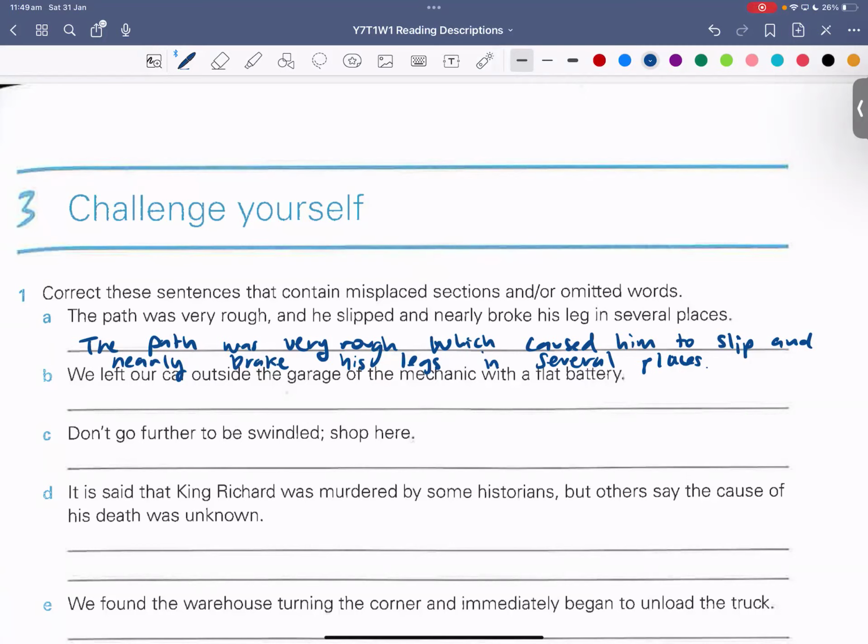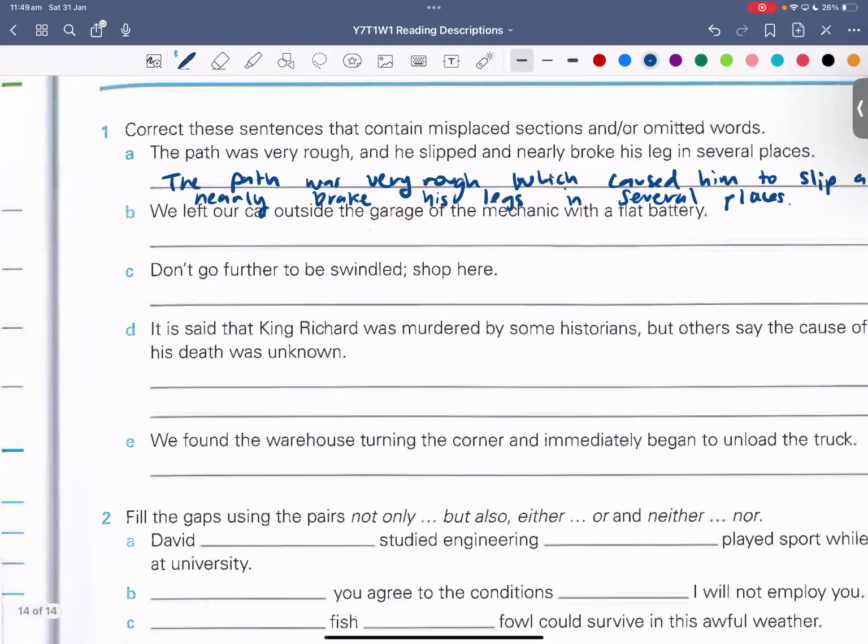We left our car outside of the garage of the mechanic with a flat battery. So here they changed up the order. It's because of the flat battery that they left the car outside of the garage, but they put that beforehand. Yes?